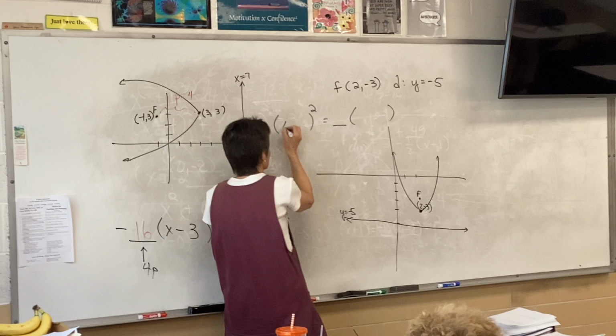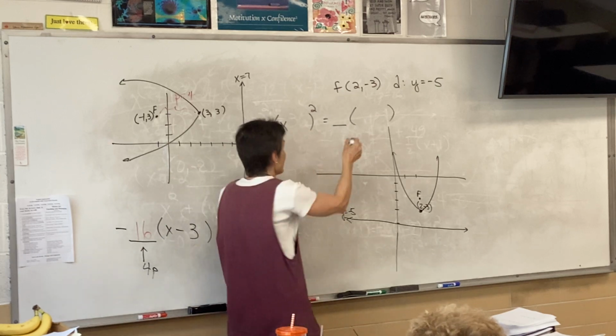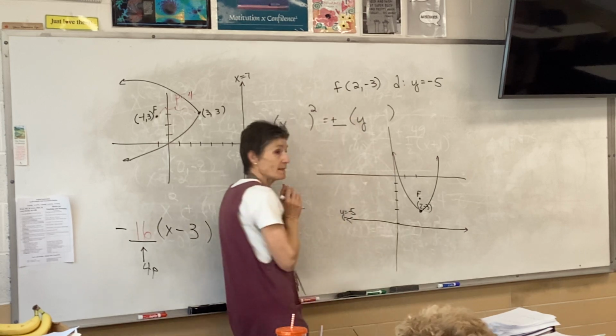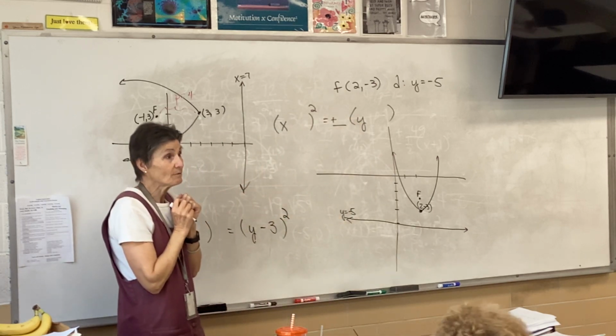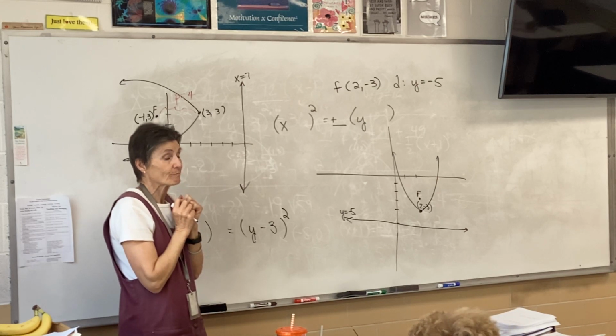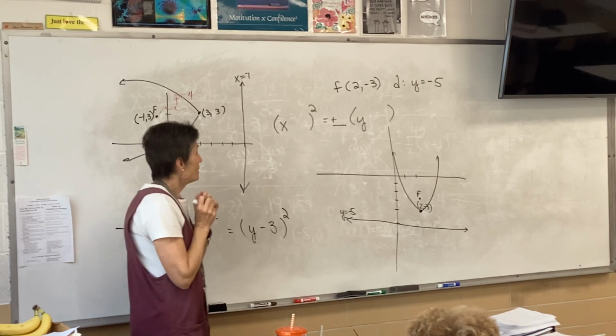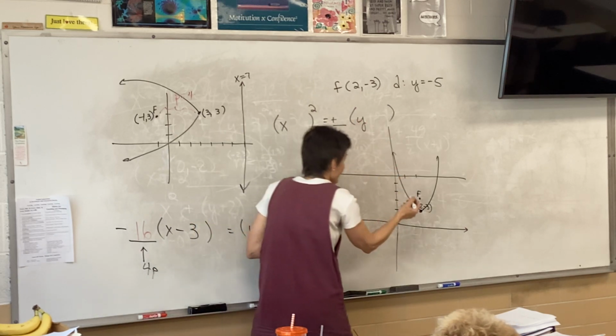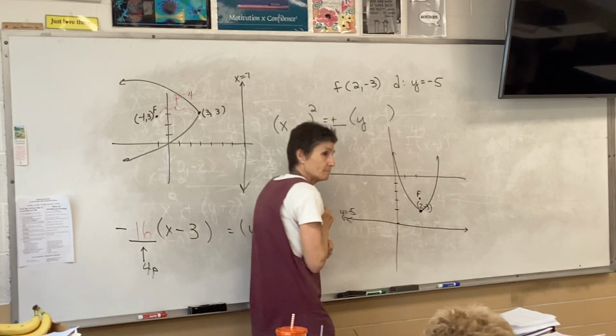X. And because it opens up, whatever this number works out to be, it's going to be positive, because up is positive. So now I need to figure out what goes in the parentheses, and that's going to be this number right here.